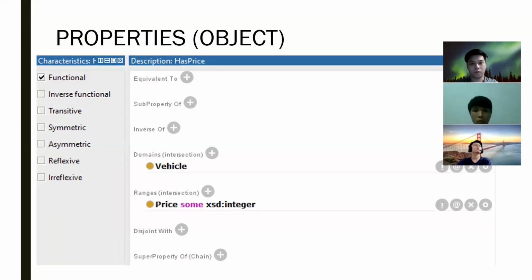The second object property will be has price. This object property is to know the price of the vehicle. It is used to define the price, and each vehicle only has one price, so the functional characteristic is selected. The domain will be vehicle and the range will be price because it is the price of a vehicle.